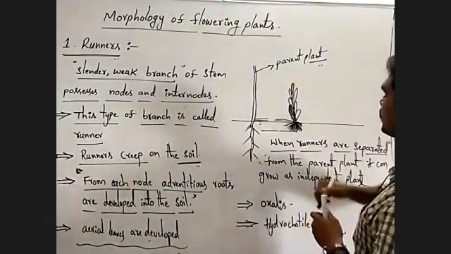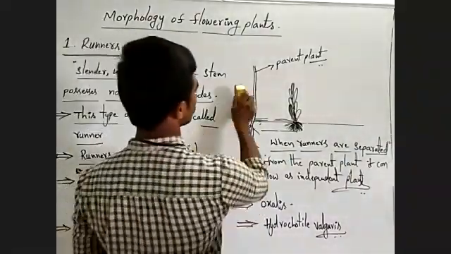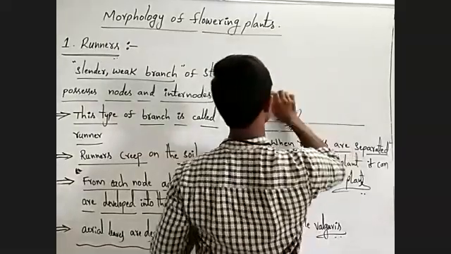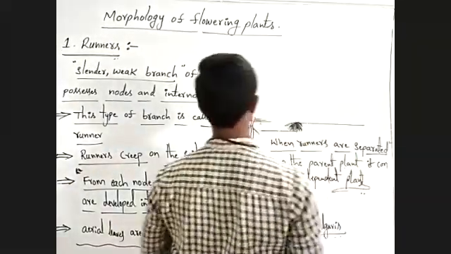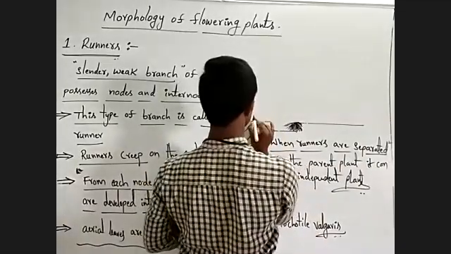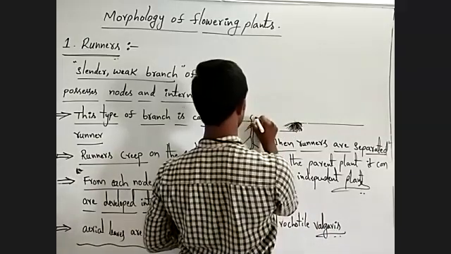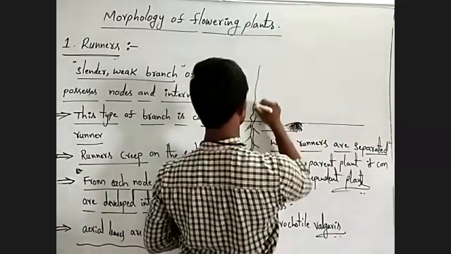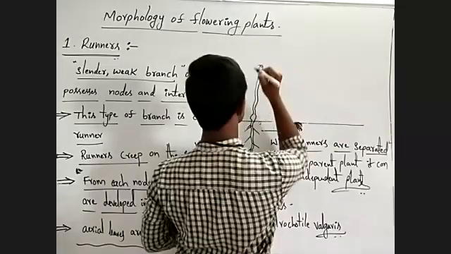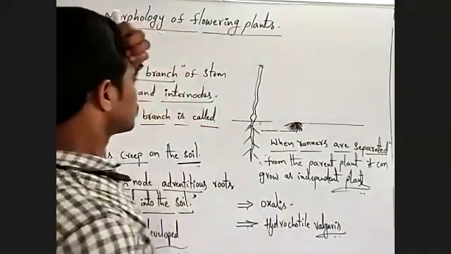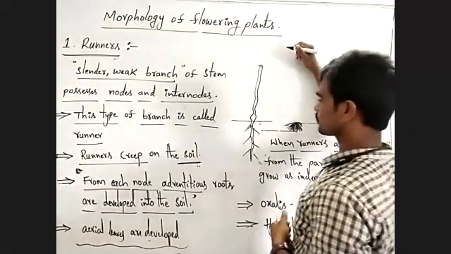How? What will happen here? Observe. For example, root of a plant here.